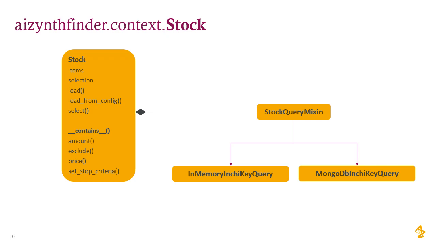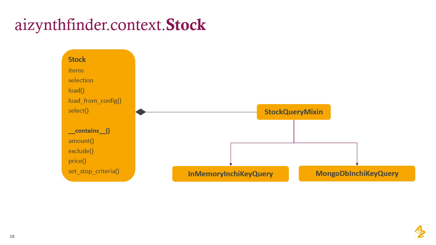And the stock is used with the contains method. So you write my molecule in stock, and it will call the contains method, and the contains method will go through each of the selected stock query mixin and see if the molecule is in one of those items. It also has a few extra things in the interface.